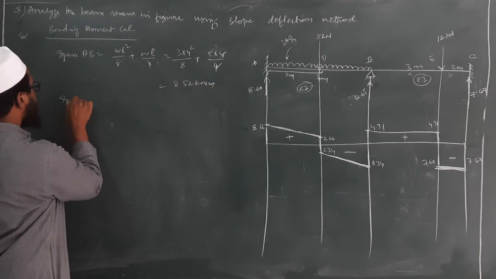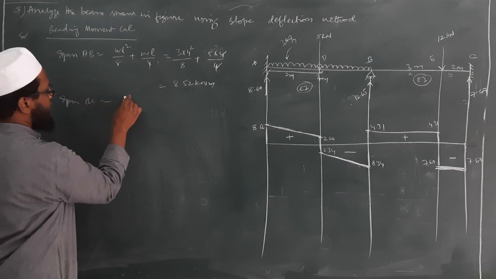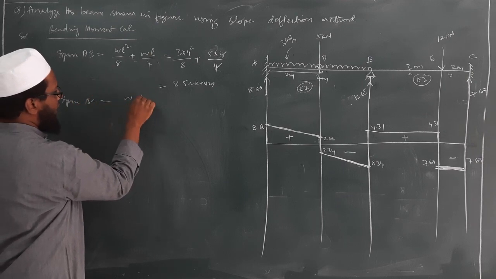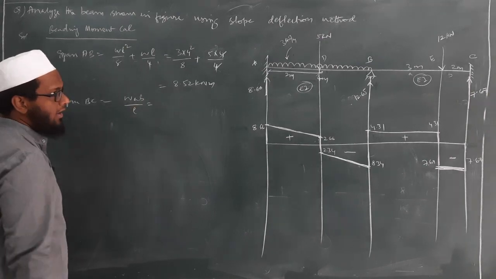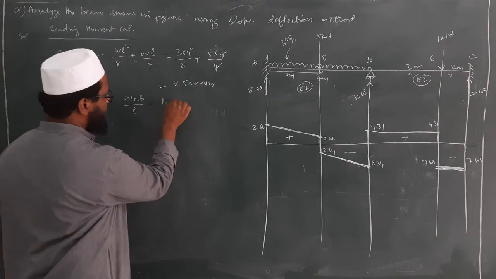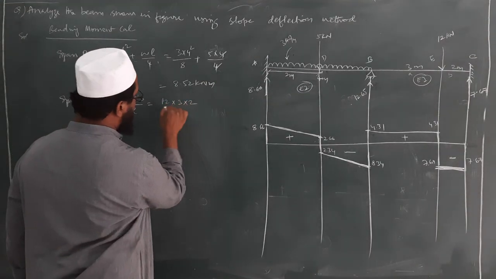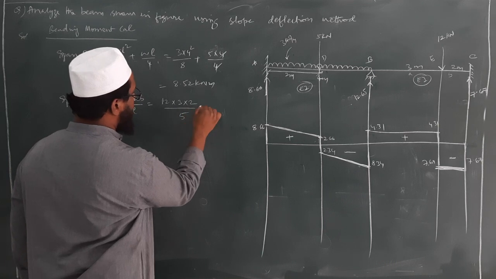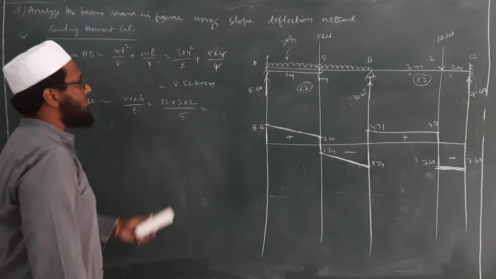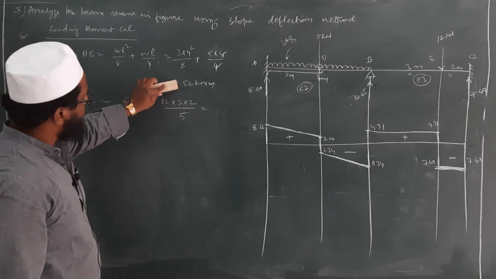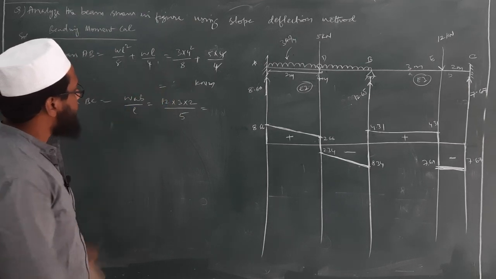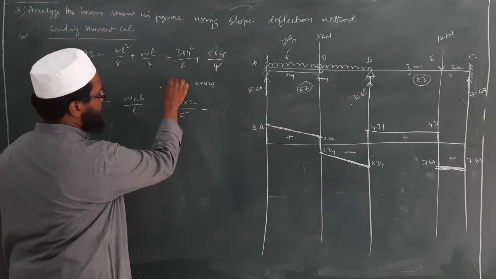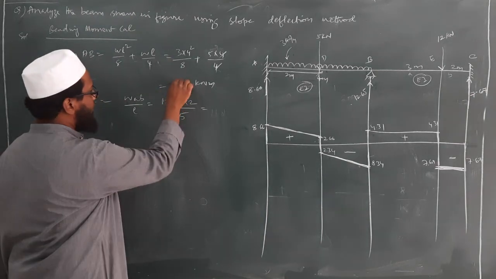Now for span BC, W ab by L. So 12 into 3 into 2 by 5. This one is 11. 11 point? Only 11.